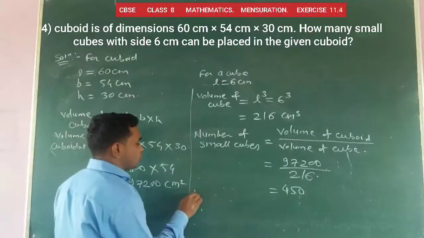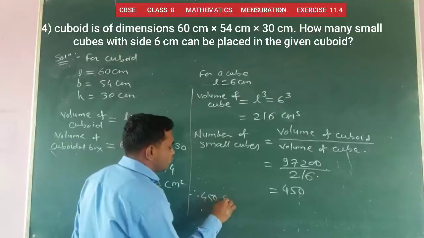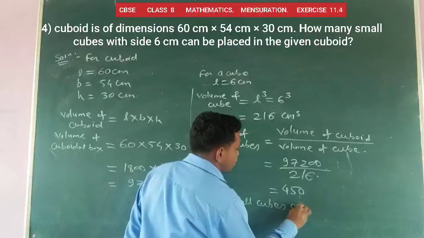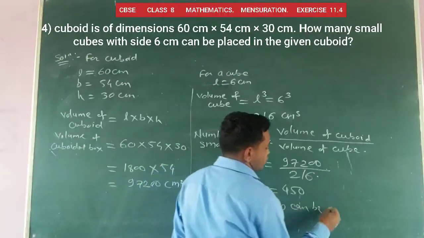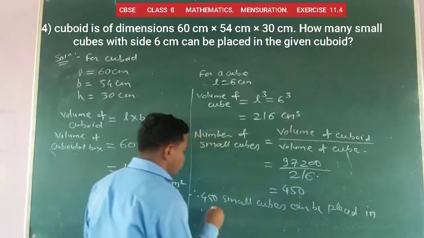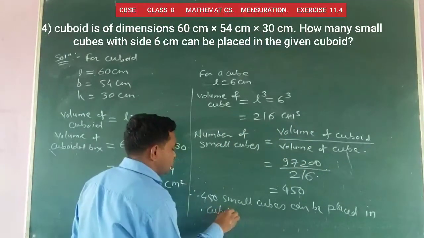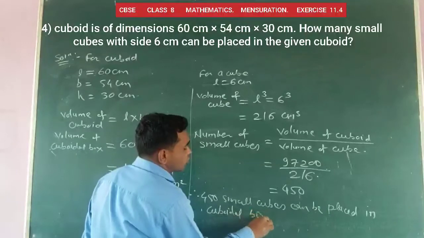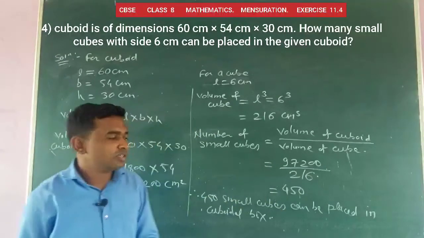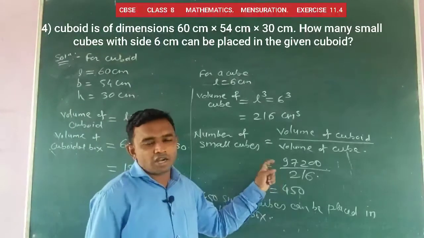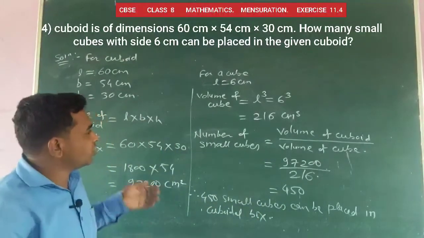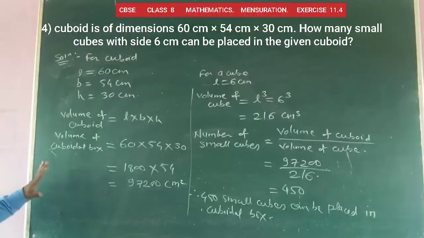So therefore 45 small cubes can be placed in the cuboidal box. Make this division by yourself. It's not hard, it's very easy. You can do it. Okay, so this is our solution of example number 4.